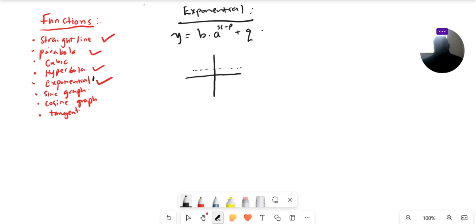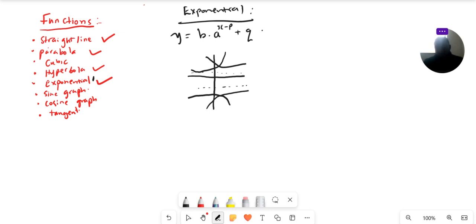So it's either drawn like this. It can either be drawn like this. It's always a horizontal asymptote, or it can either be like this, or if it is down here, it can either be like this, or it can be in this format.